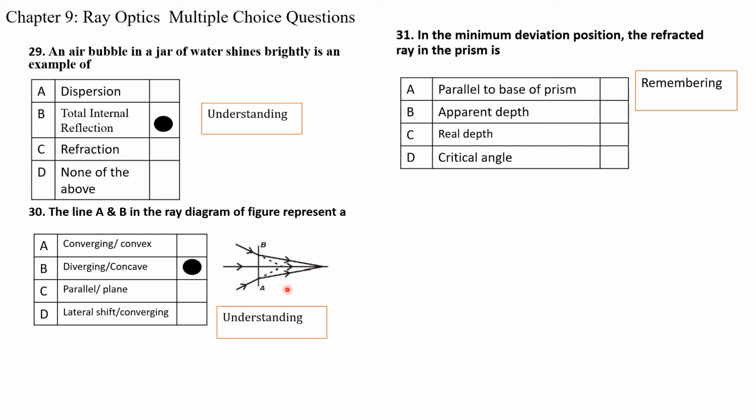Next question. In the minimum deviation position, the refracted ray in the prism is, four options are given. Option A is parallel to the base of the prism, option B is apparent depth, option C is real depth, and D is critical angle.